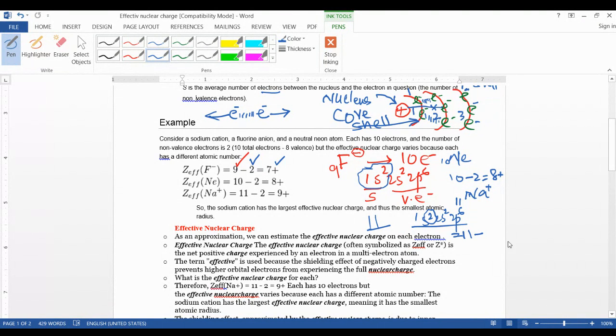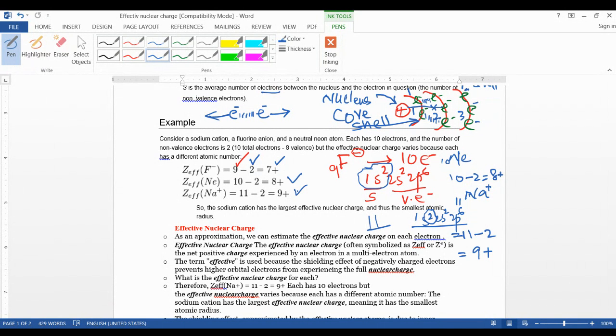Don't write valence electrons. So 11 minus 2 gives 9 plus. See here, it is 7 plus, then 8 plus, then 9 plus. So the nuclear charge is increasing as atomic number increases. But the core electrons are sometimes the same.